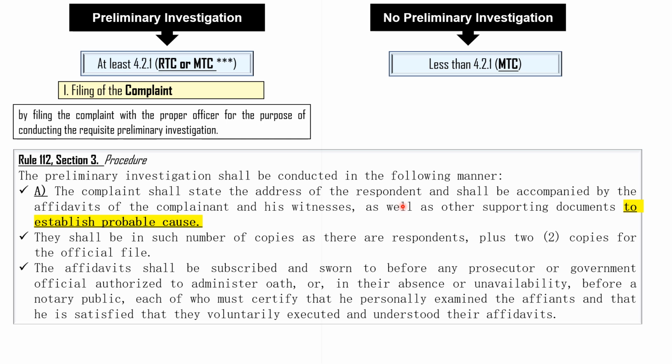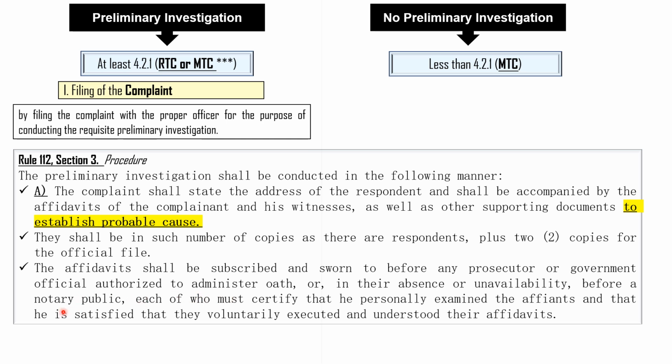Like for example, you need to attach a barangay certificate, or you need to attach, if it's a claim for rape, then you need to attach the medical legal. So include that already in your complaint. The reason for that is you want to establish probable cause. So in your affidavits, the requirement of the law is that it must be subscribed and sworn to before any prosecutor or government official authorized to administer oath.